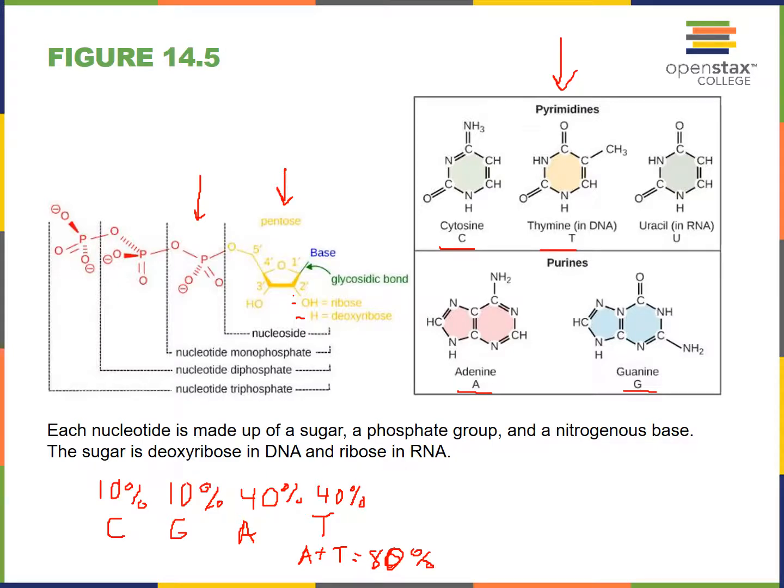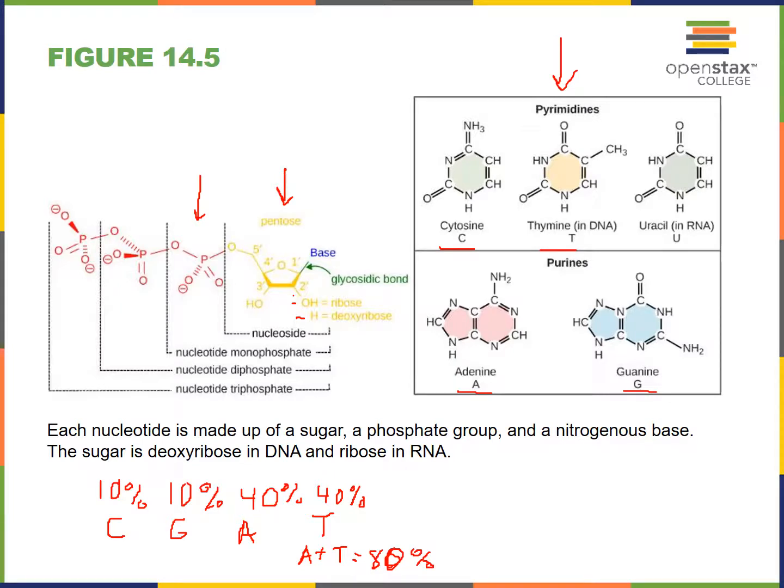So in this organism, 10% of its DNA contains cytosine, 10% contains guanine, 40% contains adenine, and 40% contains thymine. If you add all this up, 40 plus 40 is 80, plus 10 is 90, plus 10 is 100. We equal 100. So if I give you a number for this, you should be able to use Chargaff's rule to calculate the rest.